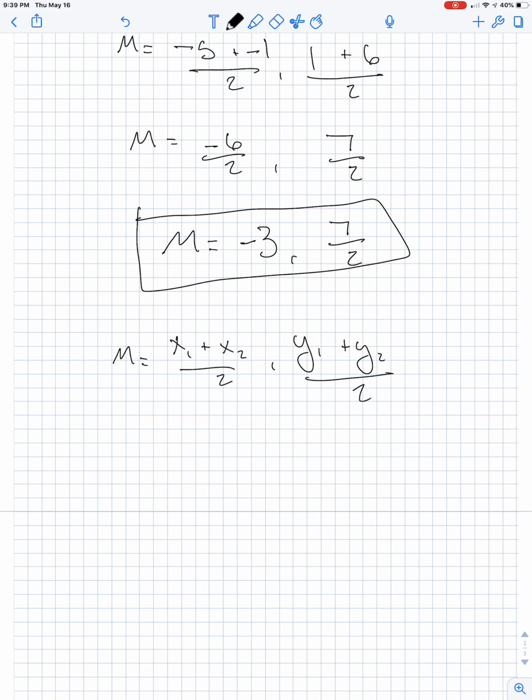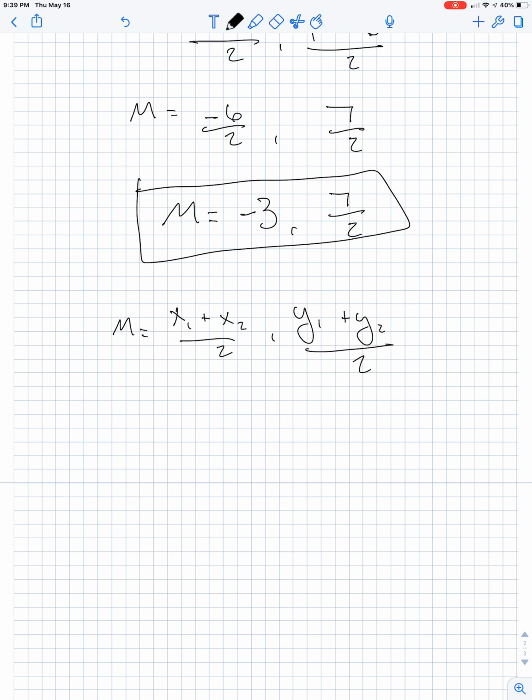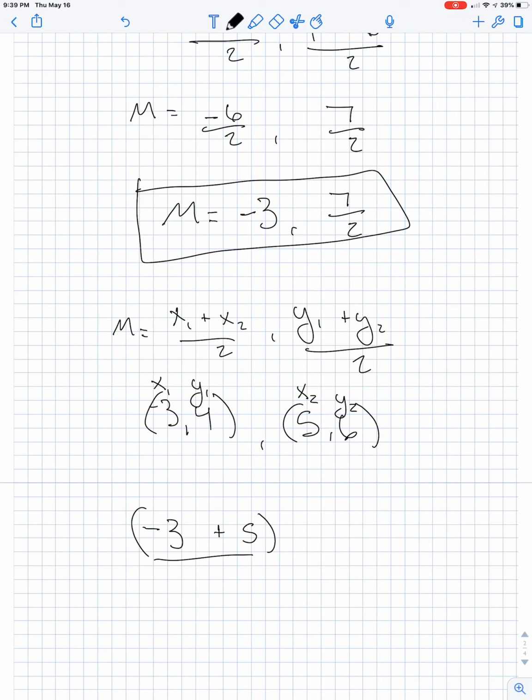So the next problem is going to be the same exact thing, except the different coordinates are going to be -3, 4, and 5, 6. So again here we need to label x1, y1, x2, y2. So now we have -3 plus 5 over 2, and then we have 4 plus 6 over 2.